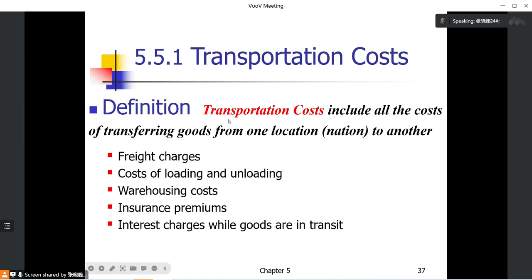If you are interested in transportation costs in international trade, you can analyze from these perspectives. They can all be classified into the sphere of logistics.